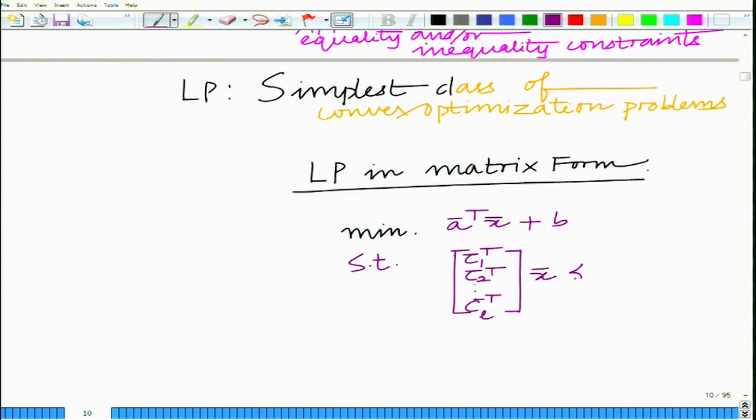Now, this is component wise, that is each component of the vector on the left has to be less than or equal to each component of the vector on the right.